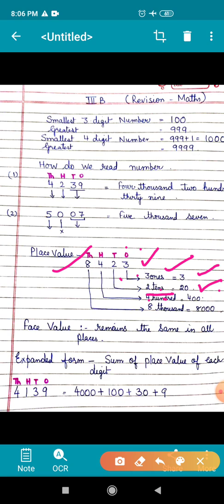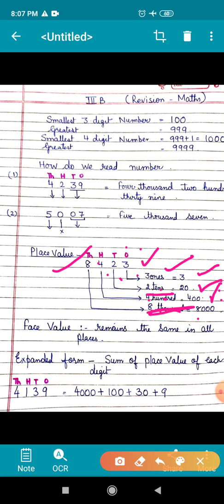Now just have a look and see the place value of 4. Here 4 is on hundreds place, so first we will write 4 and then its place name, 4 hundreds, and 4 hundreds can be written as 400.